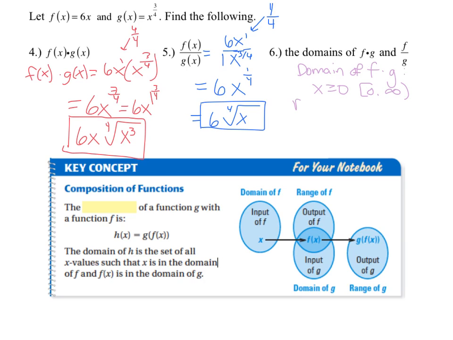Now the domain for the quotient, we have to be careful. We can never divide by 0. So we have to consider the fact that we're dividing by function g, and think about when this would be 0. We have to take that out of the mix. So x cannot be 0, because that would make your denominator 0. So we know that, first of all. X can't be 0.